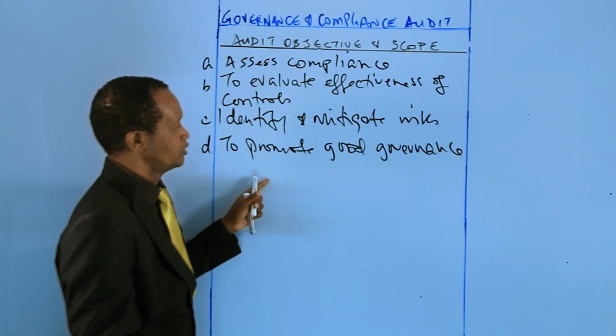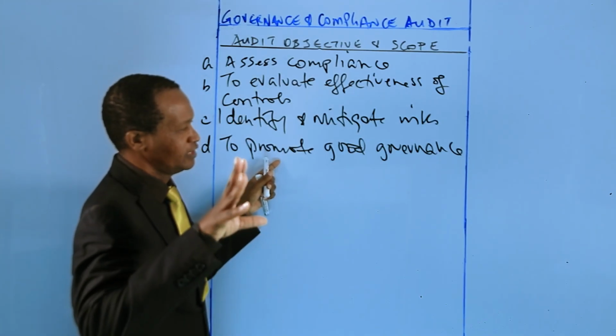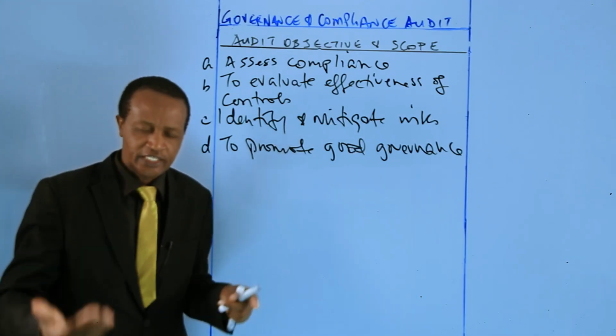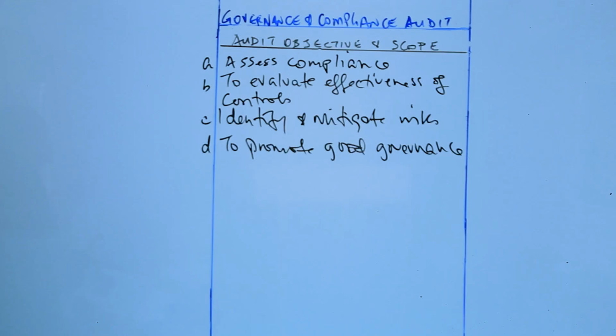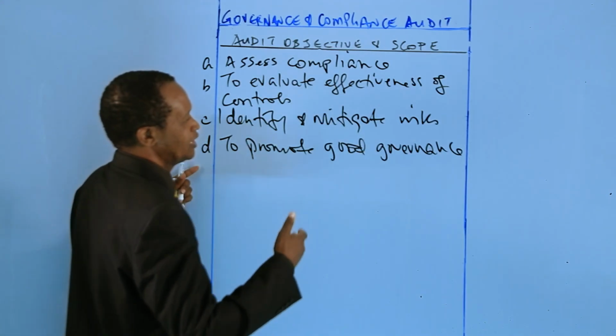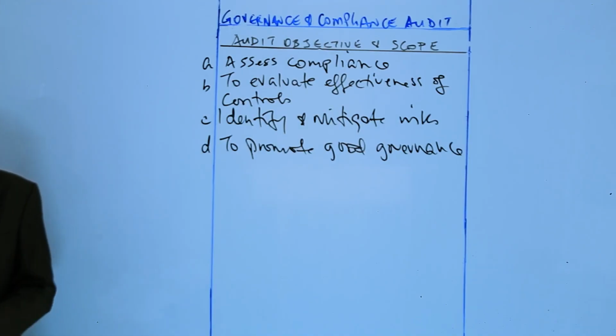A compliance audit may be carried out to find out if the organization's governance framework is sound, and also if it supports the organization's mission and values. Examples would be to assess the effectiveness of the board's oversight of risk management and compliance, or to evaluate whether the corporate governance framework is transparent and promotes accountability, and so on. So these are four audit objectives.